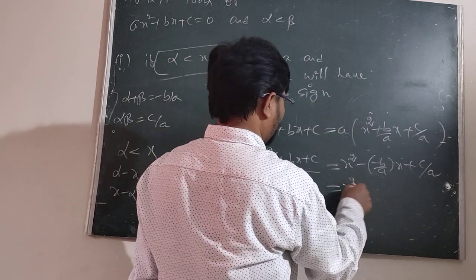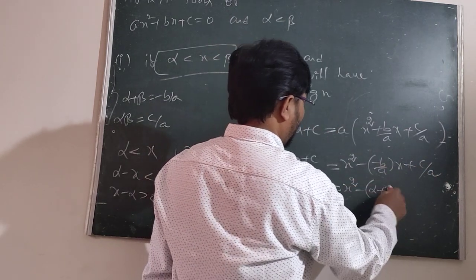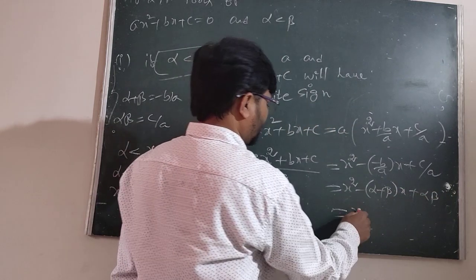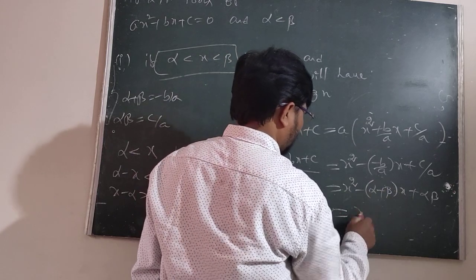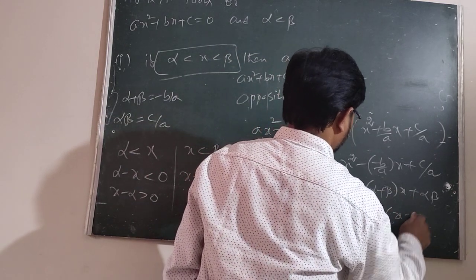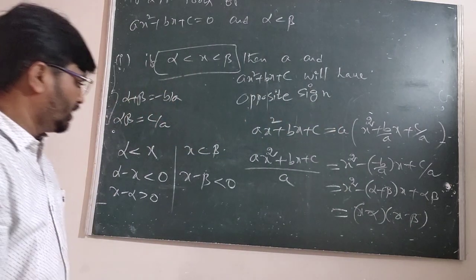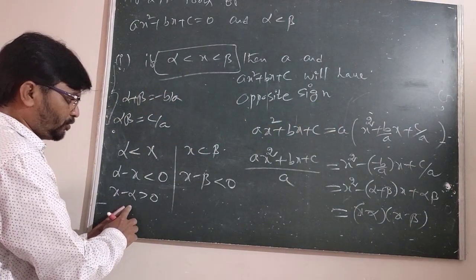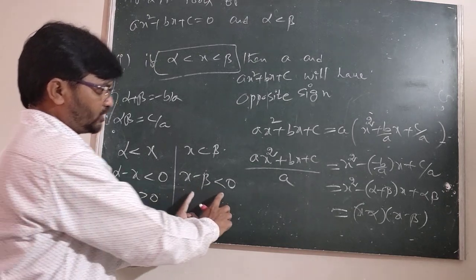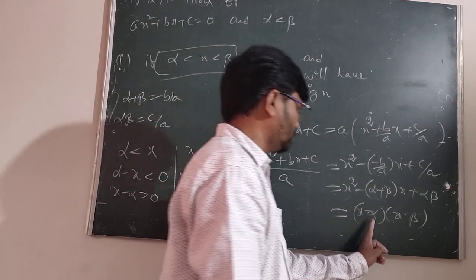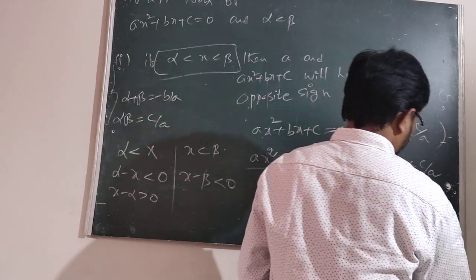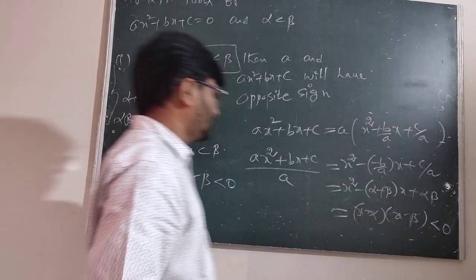Now therefore this is x square minus of alpha plus beta into x plus alpha beta. Now this can be written as x minus alpha into x minus beta. Therefore this is positive, this is negative. x minus alpha is positive, x minus beta is negative. Therefore positive into negative, plus into minus is minus. Undoubtedly it is less than 0.